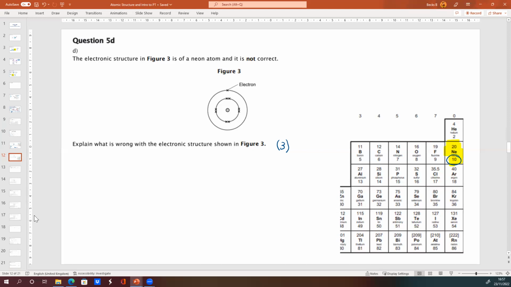Your marks are available for saying the number of electrons is incorrect. You could have backed that up with that neon has 10, or if you said it is fluorine that has 9, or it's got 1 electron missing.